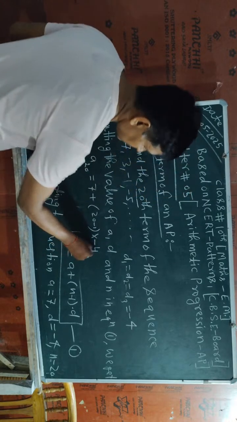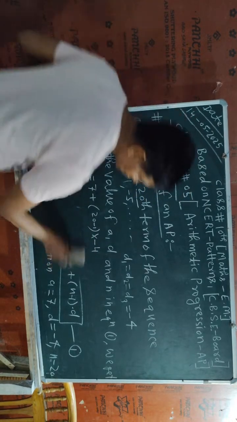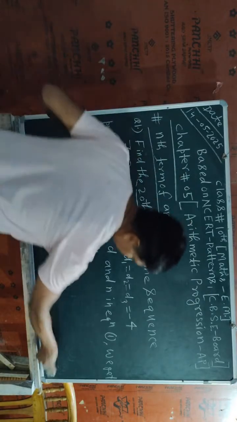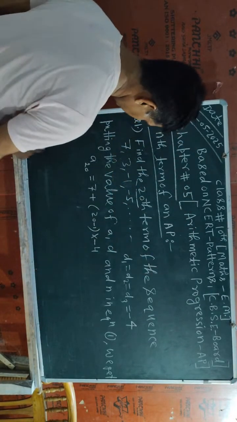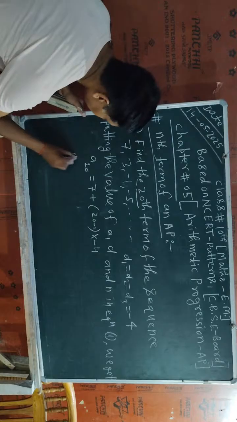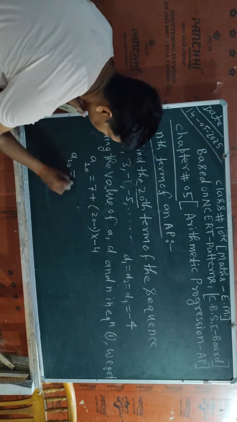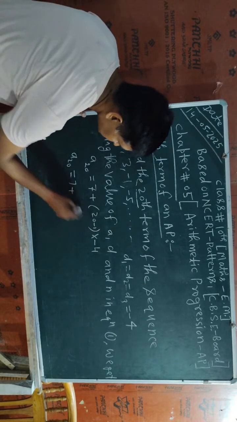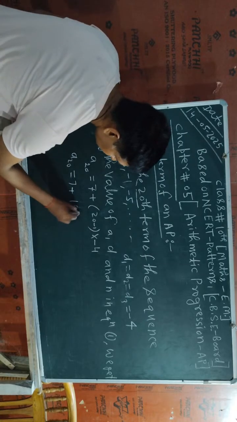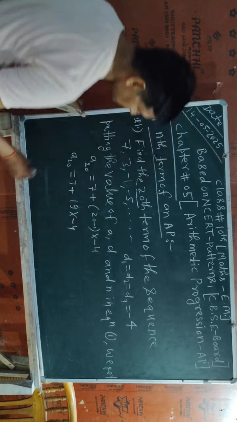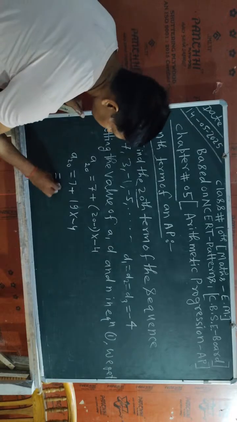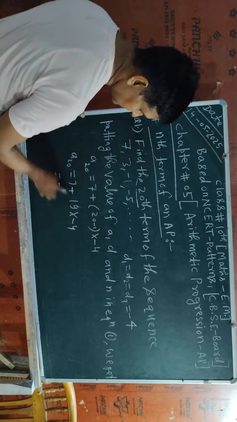Okay, student. Now I am going to erase some data, and further I have to simplify the information. So here I write a_20, which is equal to 7 plus (20 minus 1), that will be 19, times -4. Okay, student. Here is a plus sign and this is a minus sign.